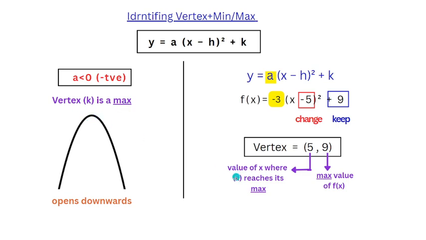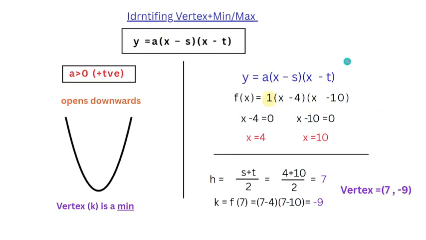When he asks you about the value of x where f reaches its max, he asks about x. This is x, so the answer will be 5. What is the maximum value of f(x)? That means the y. The maximum value of f(x) is 9.